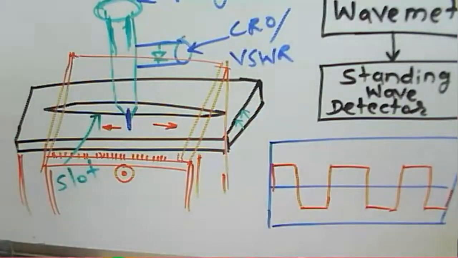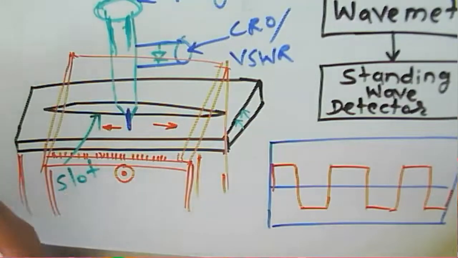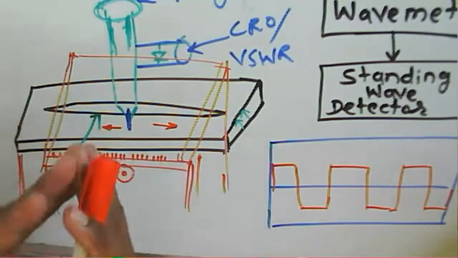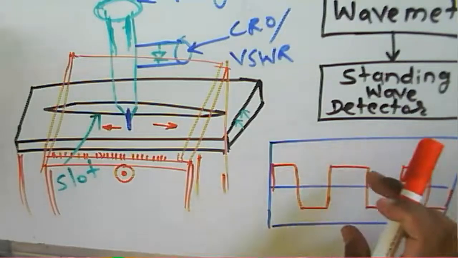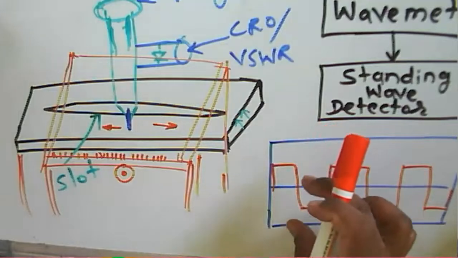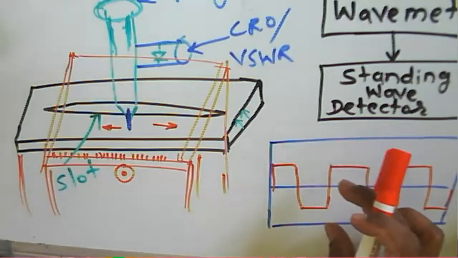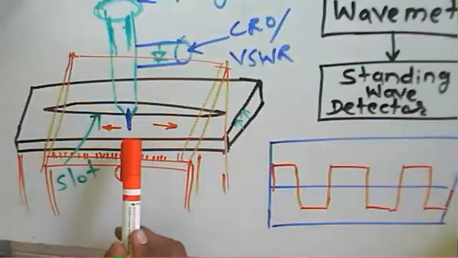We are able to find out where the maxima occur and where the minima occur, because on the CRO there will be a maximum peak to peak or a minimum peak to peak whenever we are moving toward the load or generator.